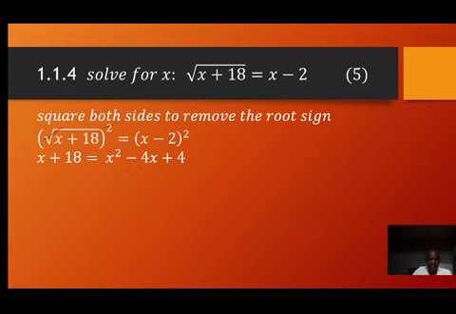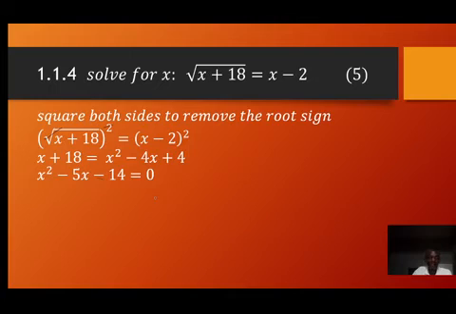I only have 1x squared, so it has no like term, but this positive x, after crossing, becomes -x, so -4x minus x becomes -5x, and the positive 18 becomes negative, so 4 minus 18 is -14, equals 0.